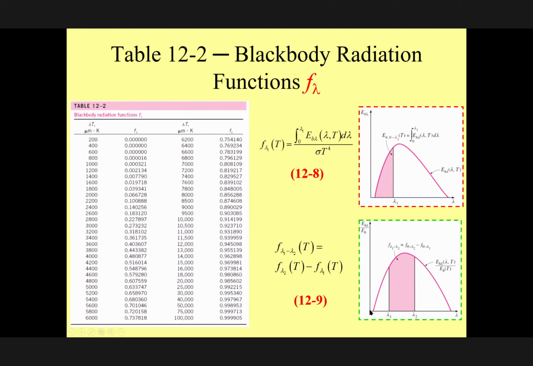They always integrated from 0, and then you subtract. This table gives you what portion of energy is between 0 and any wavelength you like. Therefore, you calculate lambda 1 T1 here and find the appropriate number, and that shows you, for example, if it's 2000, only 0.6% of the energy is below that number.